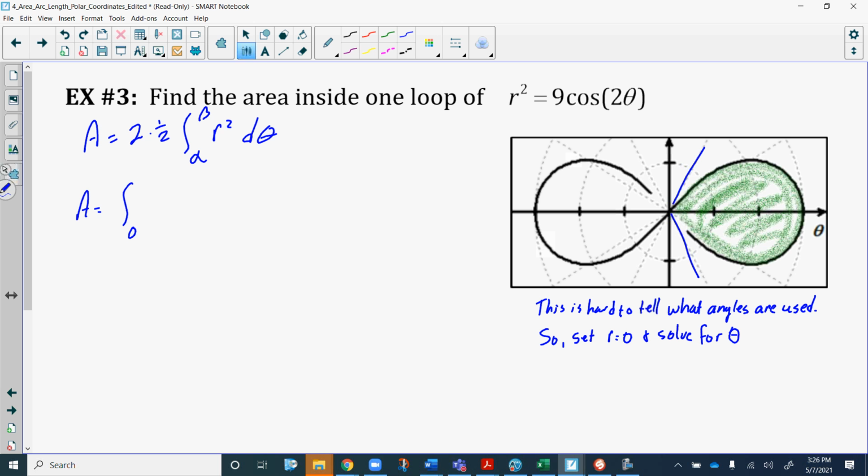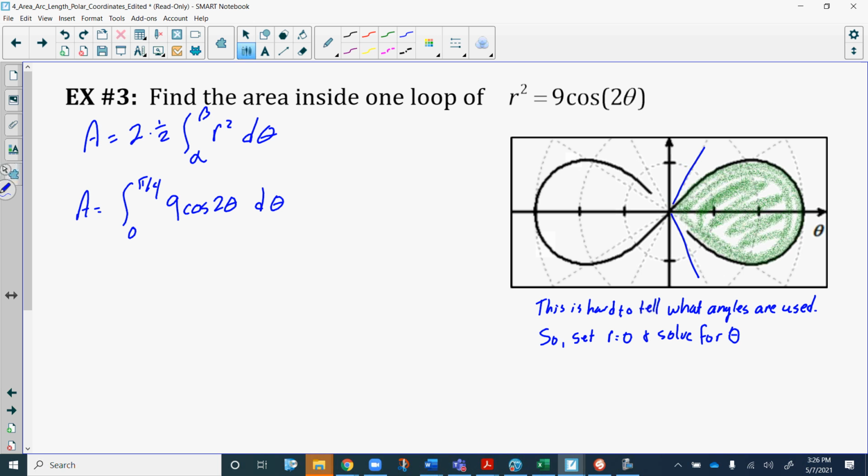In this case, from 0 to pi over 4. And r squared is already given to us to just be 9 times the cosine of 2 theta. We don't have to actually do anything on that one. It's already squared for us.